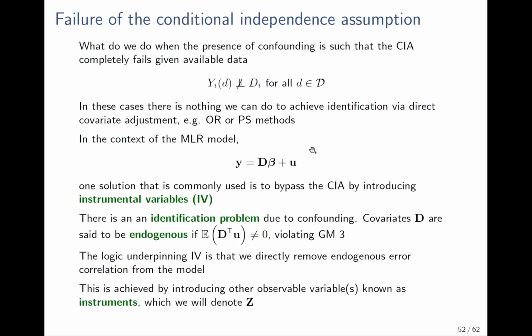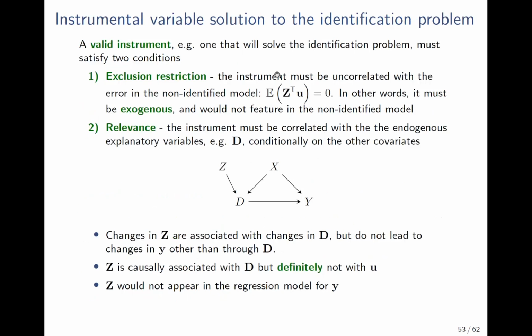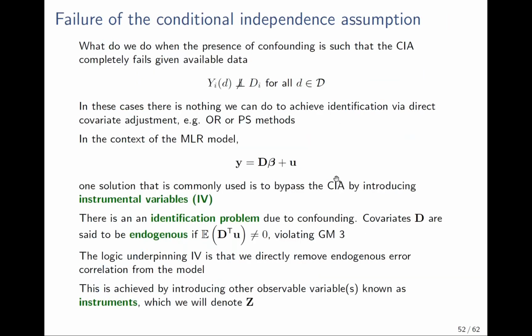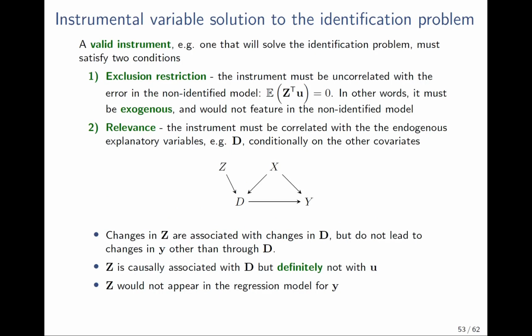So this model here has error U. There's an endogeneity problem because D is correlated with U. Well, the instrument must not be correlated with U. So that assumption, the exclusion restriction, must hold. That means the instrument is what we call exogenous, and it would never feature in the non-identified model. So the instrument would never be an explanatory variable in the model for Y.